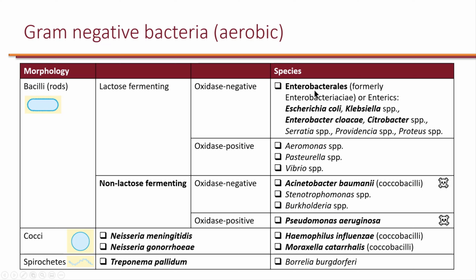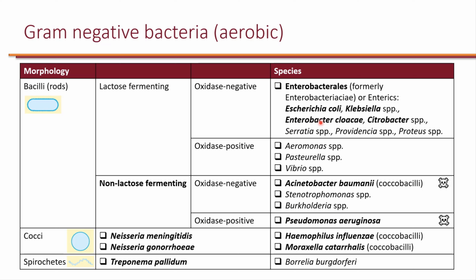Enterobacterales is a family of several organisms, and Enterobacterales used to be called Enterobacteriaceae. And the important organisms in the Enterobacterales family are Escherichia coli or E. coli, Klebsiella species. So when it says spp, that means there are multiple. So for example, there is Klebsiella pneumoniae and there is Klebsiella oxytoca.